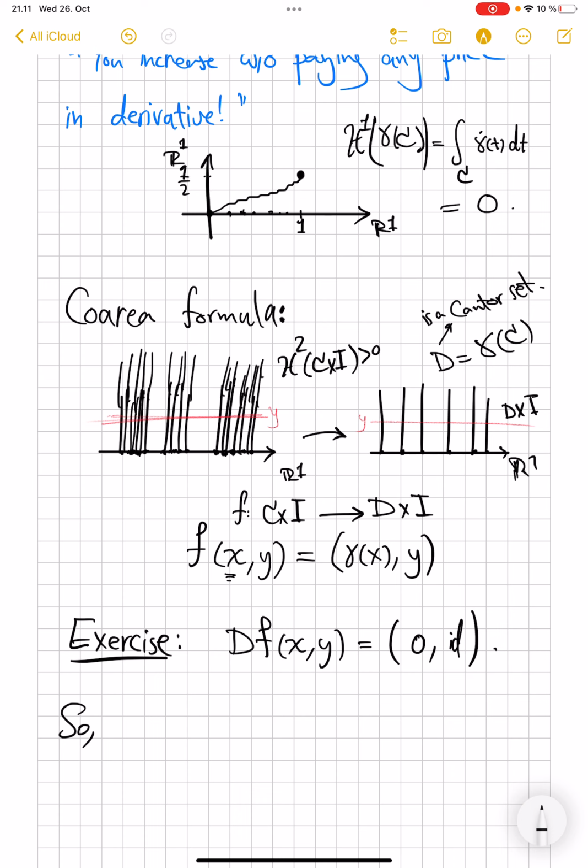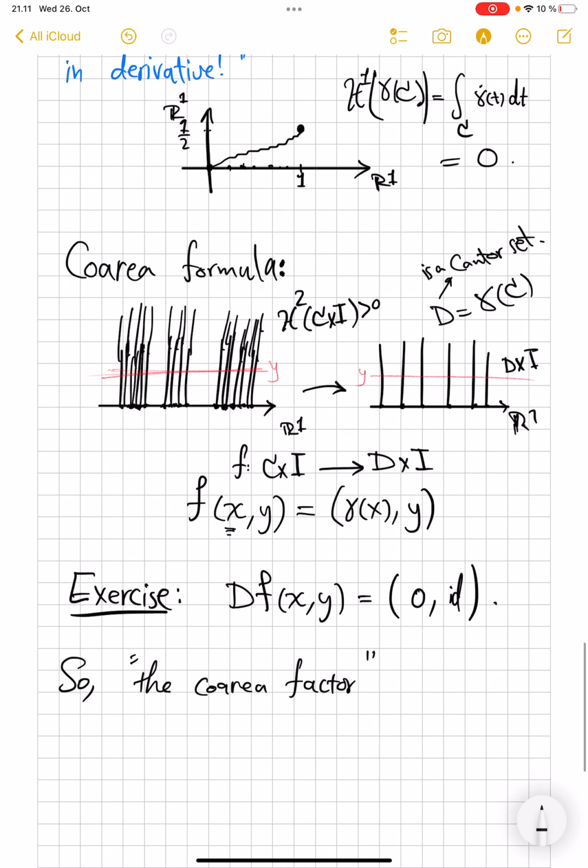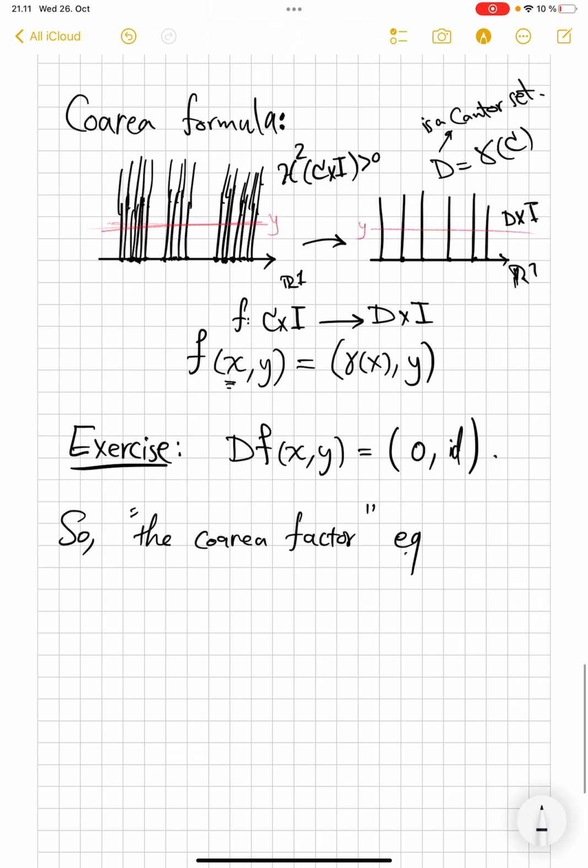So the Coarea factor, this Jacobian used in the Coarea formula, equals 1 almost everywhere. Well, this is also almost everywhere because gamma prime is 0 almost everywhere, not at every single point necessarily.